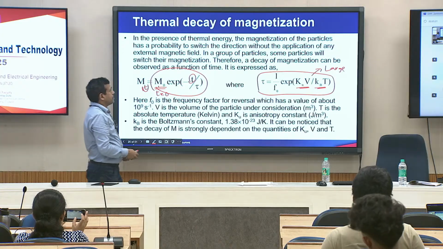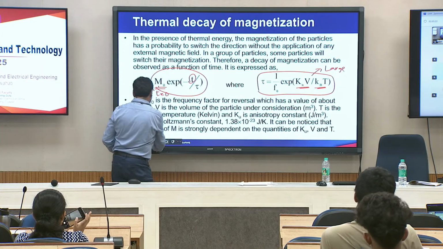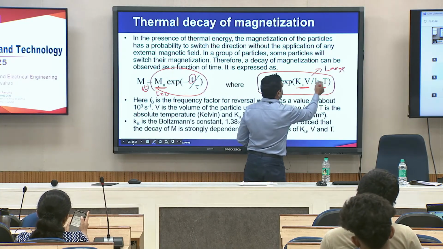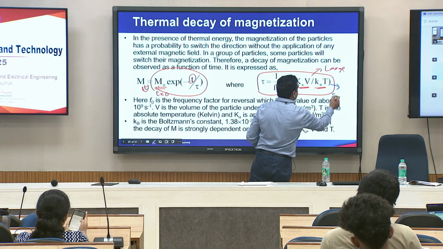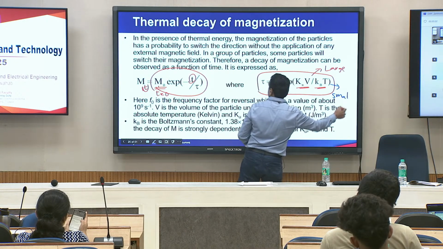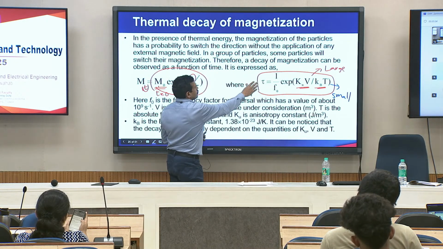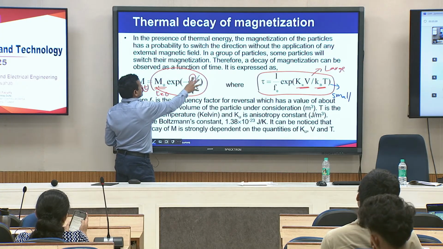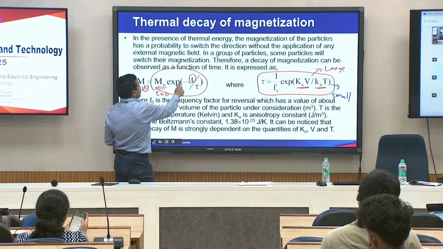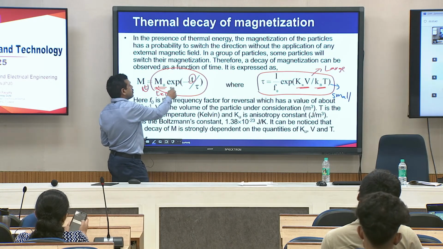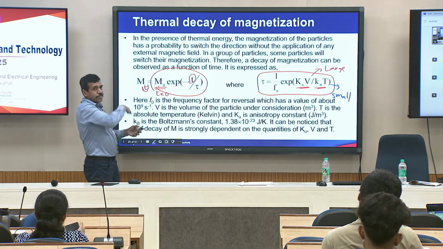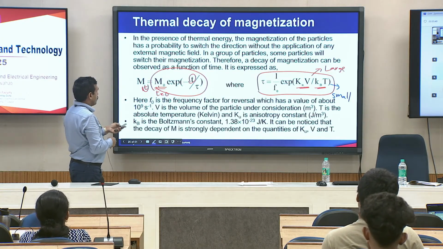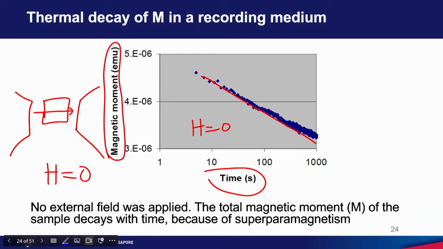On the other hand, if KUV by KBT is small, tau will be small. If tau is small, this whole thing is going to be large, then exponential minus some large number means magnetization will decay drastically. So, that is what you see here in the previous image.